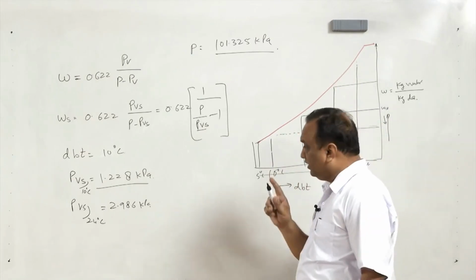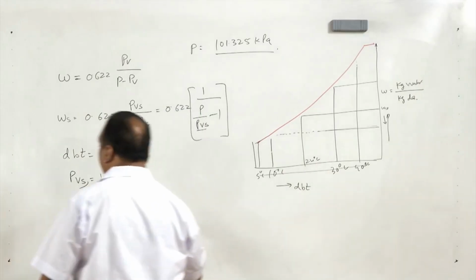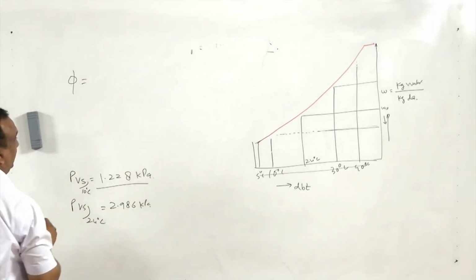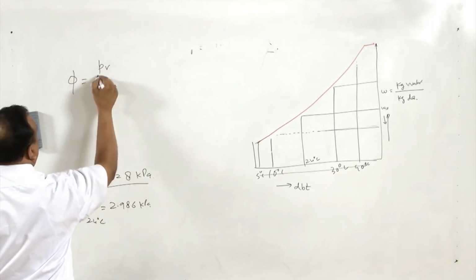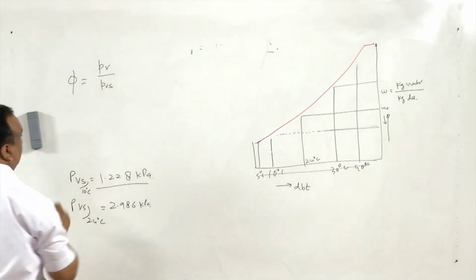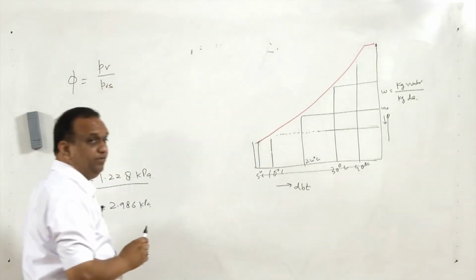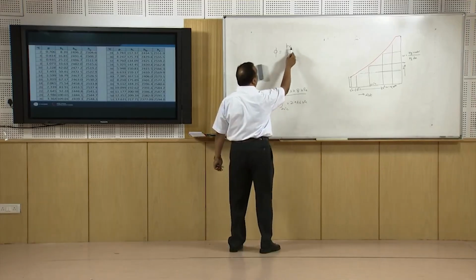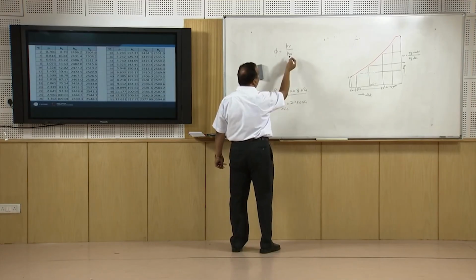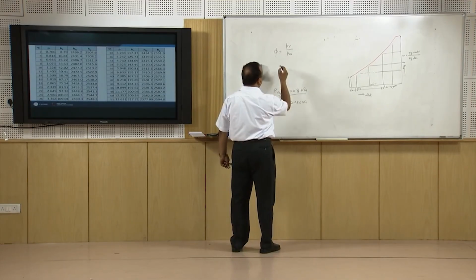Saturation line means at this line the humidity is 100%. Which humidity? Relative humidity, because relative humidity is equal to PV by PVS. For these points, we have assumed that the partial pressure of vapor is equal to the partial pressure of saturated vapor at that particular temperature.